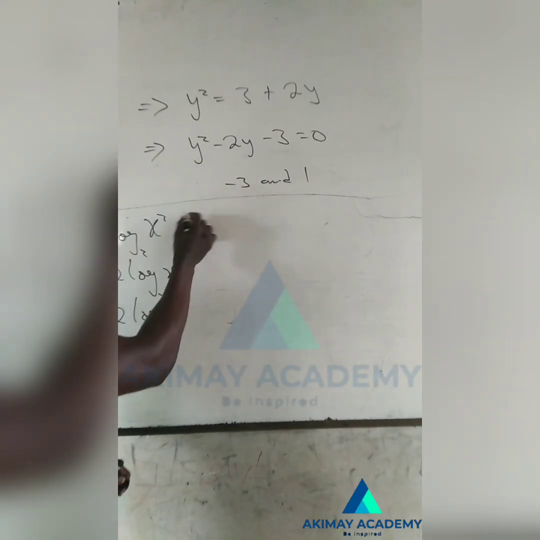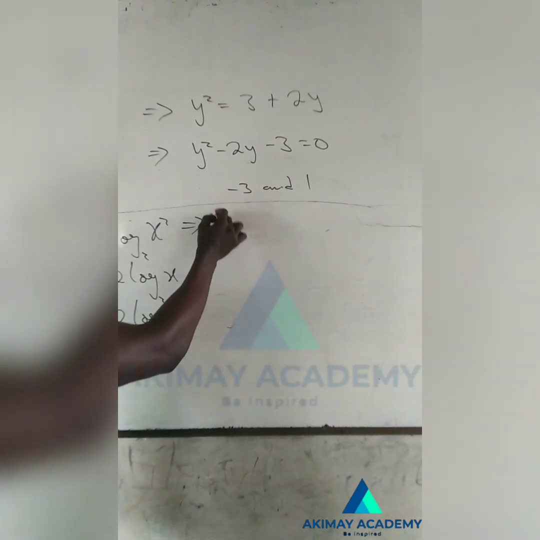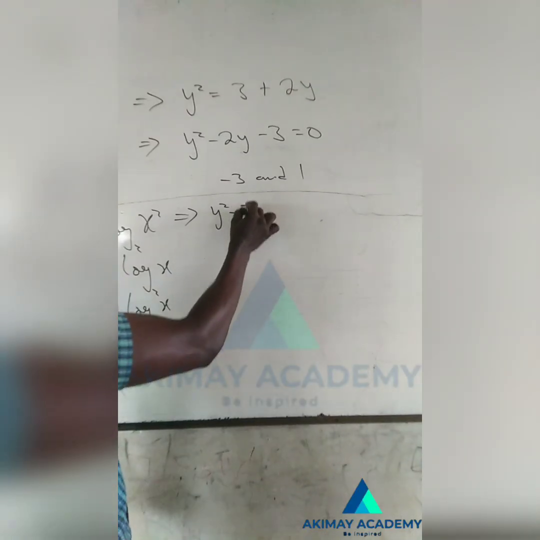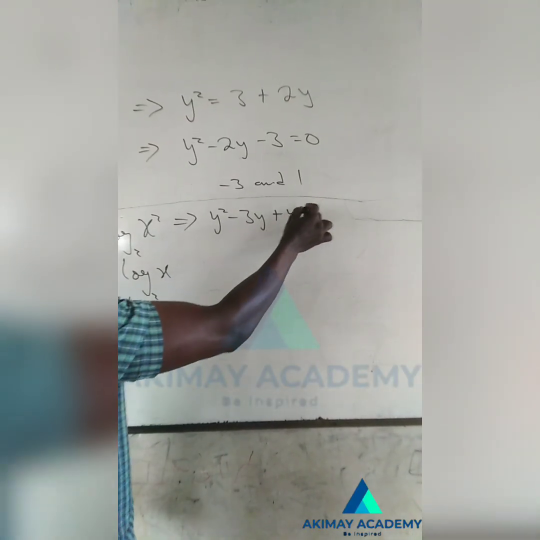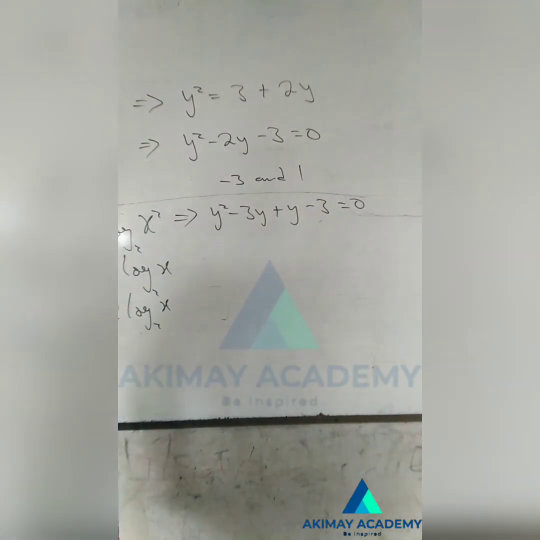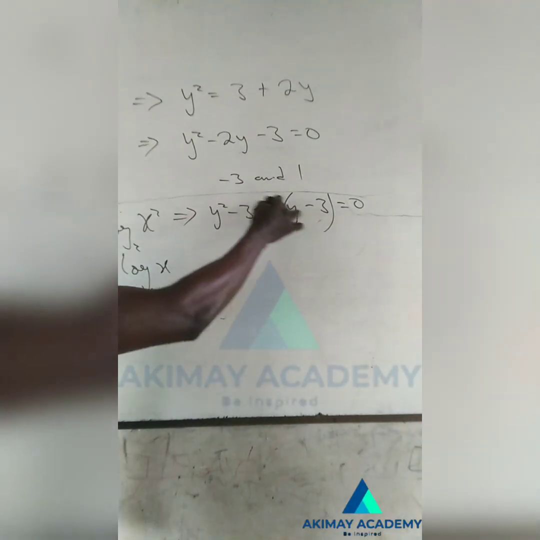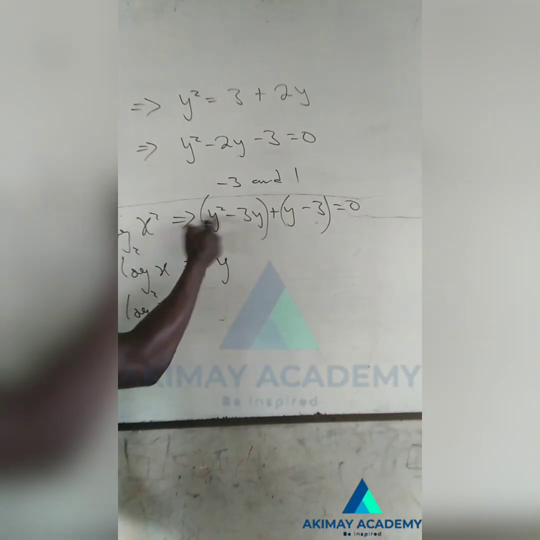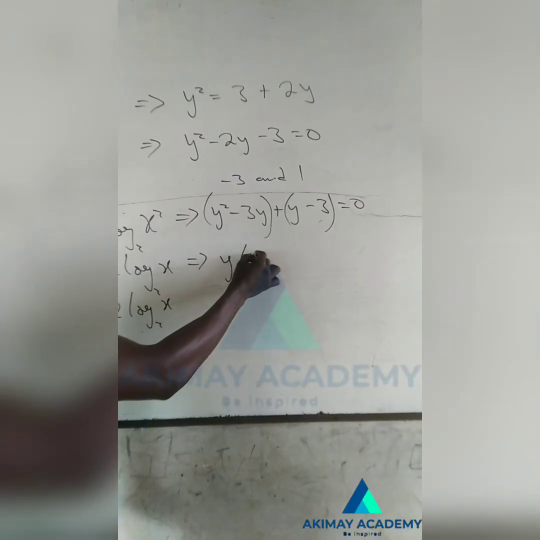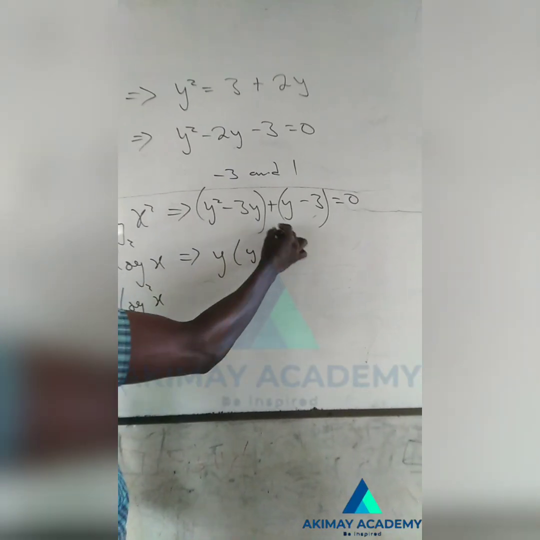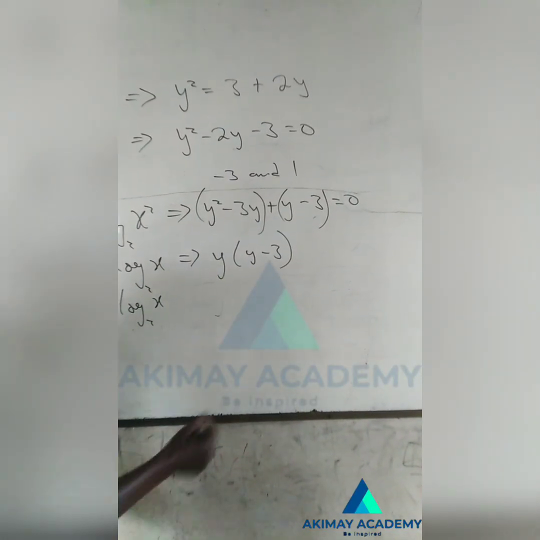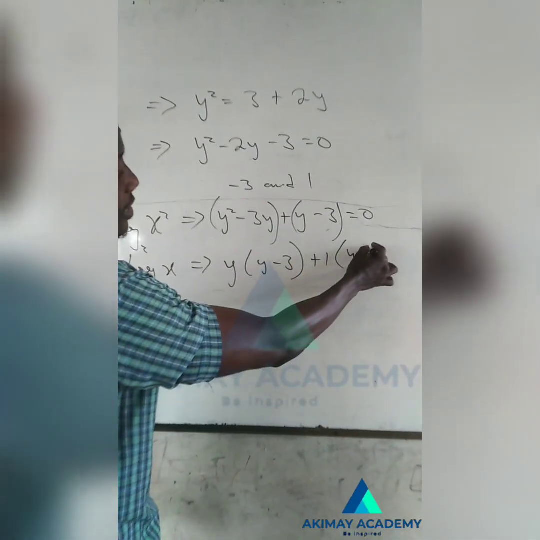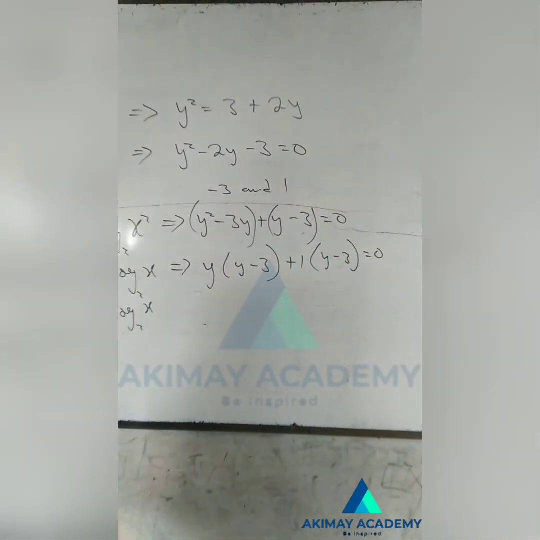So we are going to have y squared minus 3y plus y minus 3 equals 0. And that's what we have. Move them nicely and factorize. y comes out, minus 3 here. Then plus 1 comes out. y minus 3 is 0.